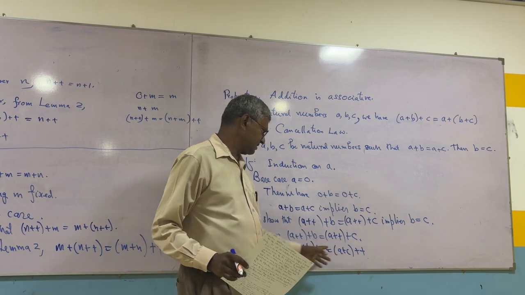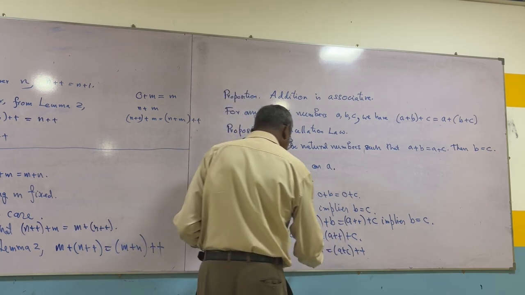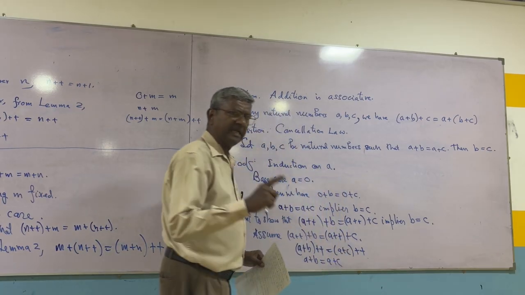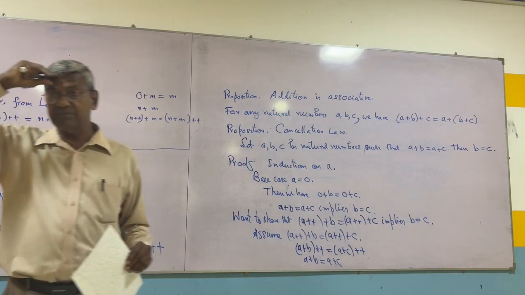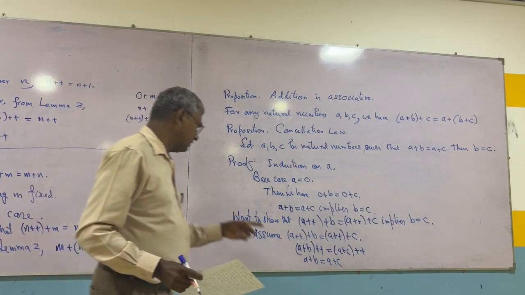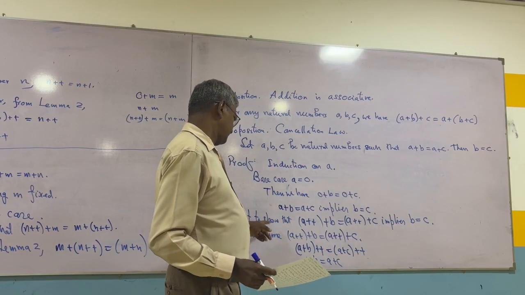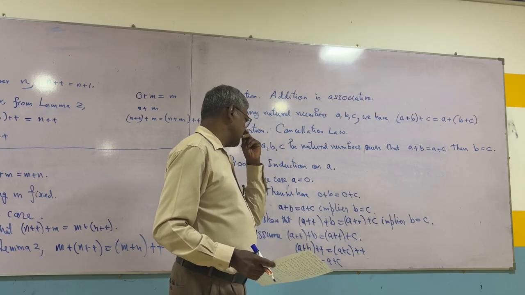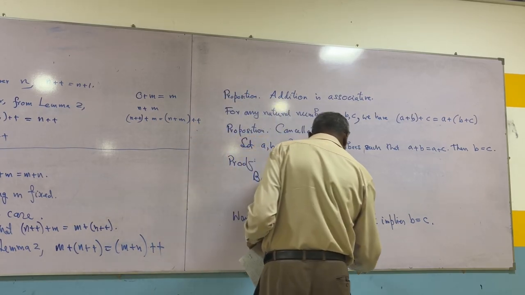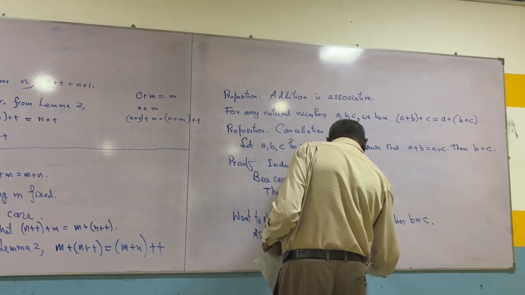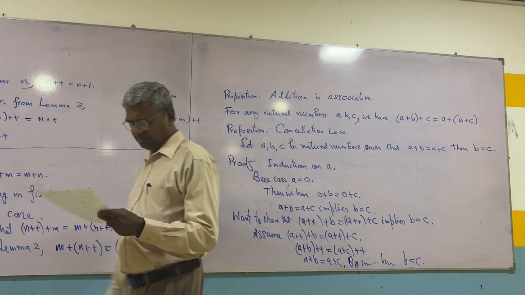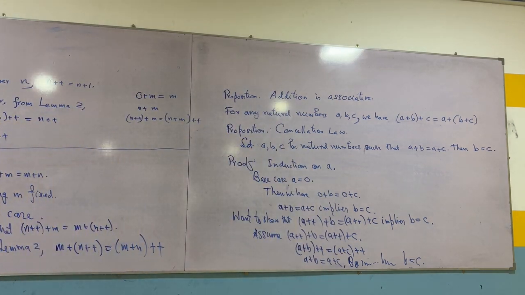Then this plus is equal to that plus, therefore a plus b is equal to a plus c, right? m plus plus equals n plus plus implies m is equal to n. Now by the inductive hypothesis, a plus b equals a plus c implies b is equal to c. So b is equal to c. So in a way, nice. So we proved it, right?